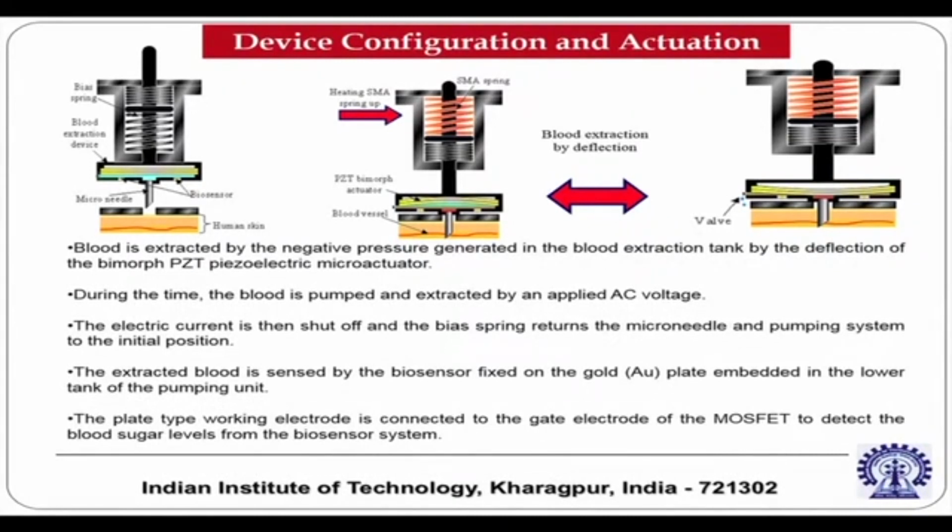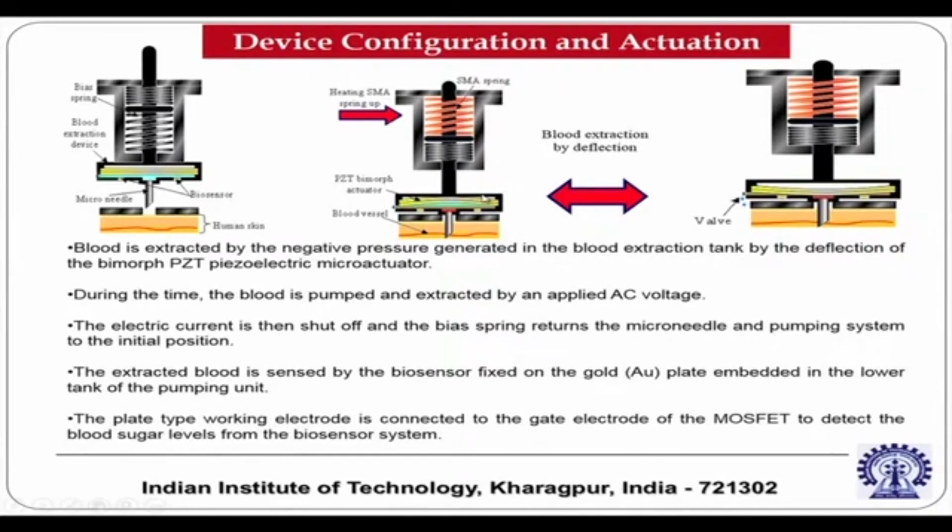So blood is extracted by the negative pressure generated in the blood extraction tank by the deflection of the biomorph PZT piezoelectric microactuator. So you can see that there is a shape memory alloy spring, and because of the deflection in the spring there is a biomorph PZT actuator.